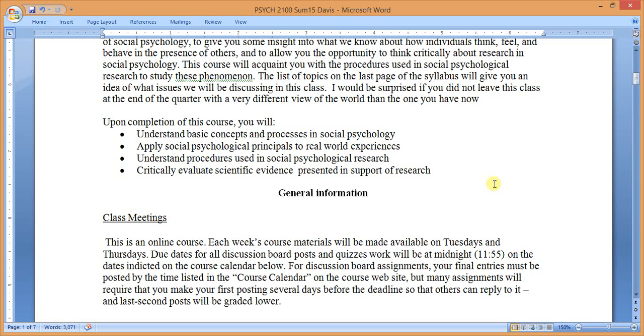Essentially we're going to be doing 2 weeks' worth of the course every week of this summer term. All the discussion board posts and quizzes will be due at midnight, as indicated on the course calendar below, and we'll talk about that briefly.